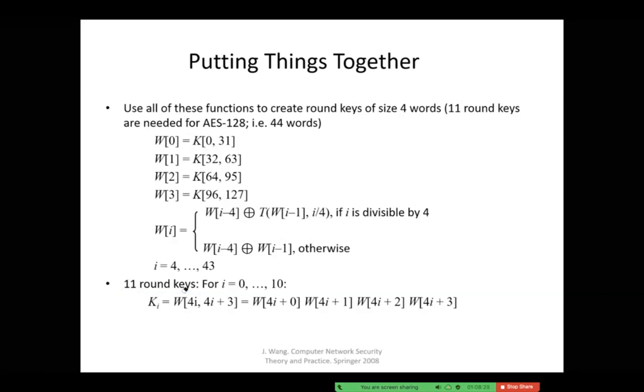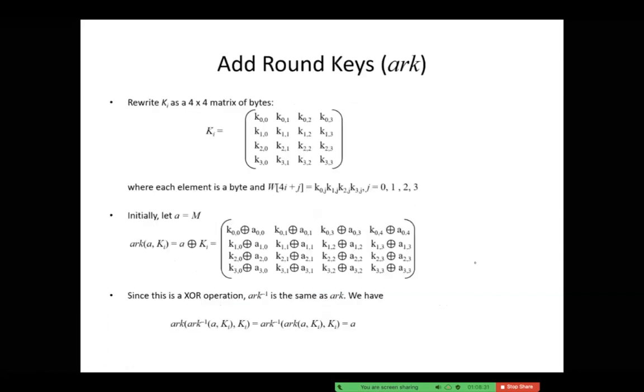Okay. Add round key is just exclusive OR, a simple byte-wise exclusive OR. As we know, the inverse of exclusive OR is exclusive OR itself.